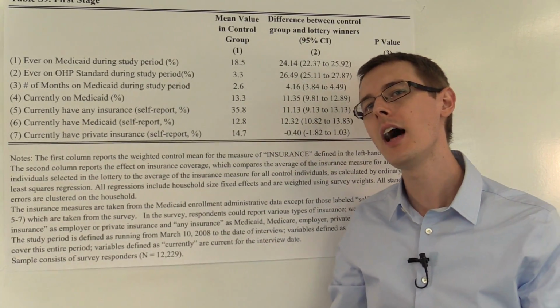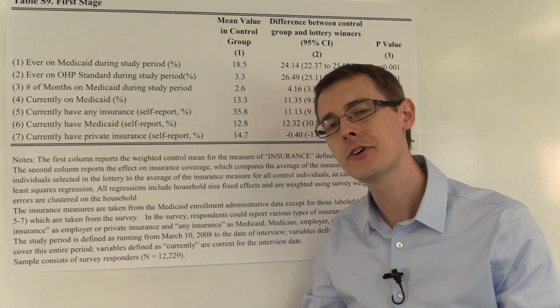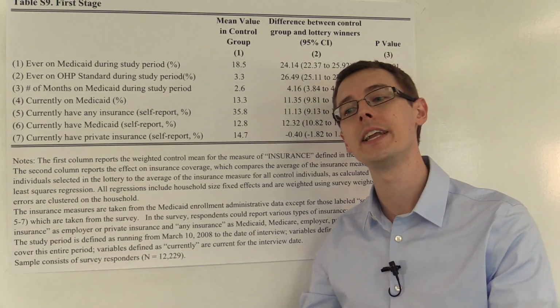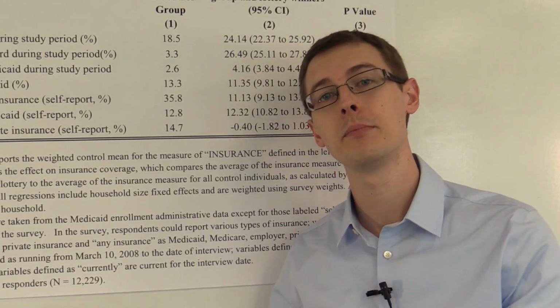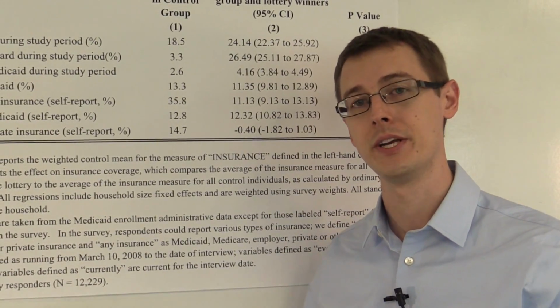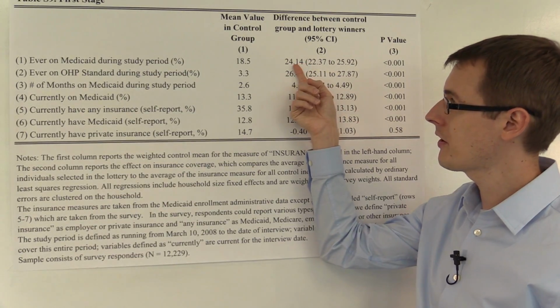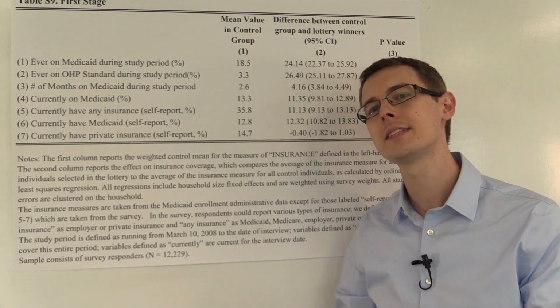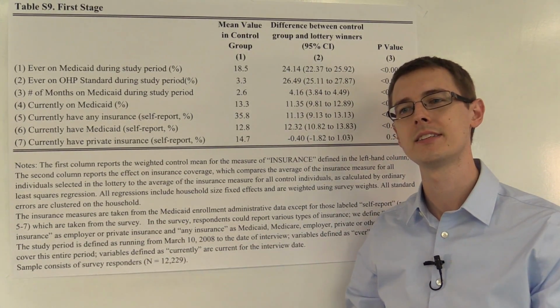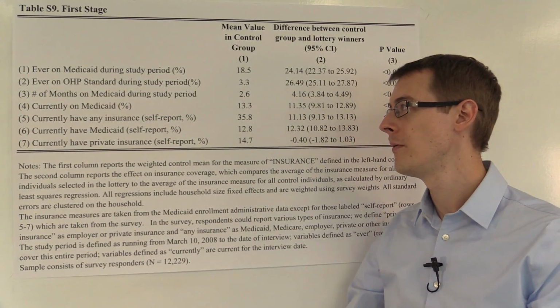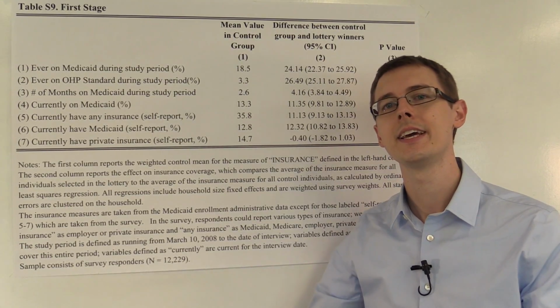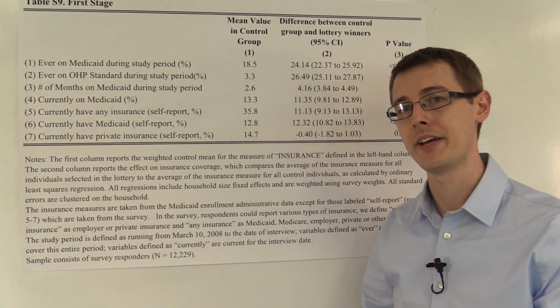So winning the lottery greatly increased your chance of actually getting Medicaid. It didn't push it up to 100% because we had noncompliance, okay? But it largely increased it. So this number here shows us that the relevance assumption in the instrumental variables analysis holds. The instrument actually did cause people to get treated, to actually receive Medicaid.